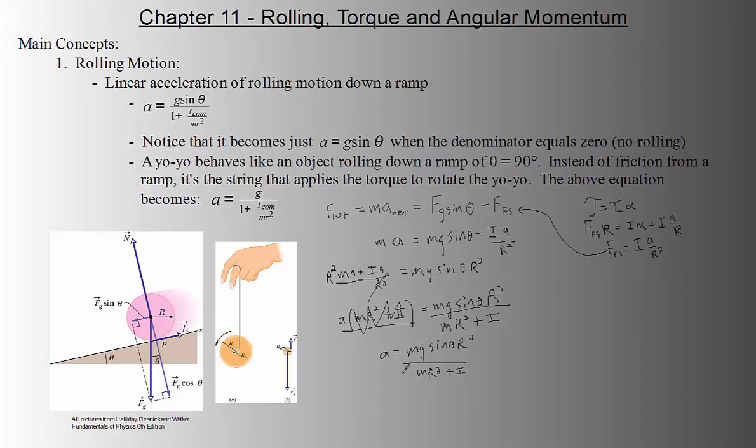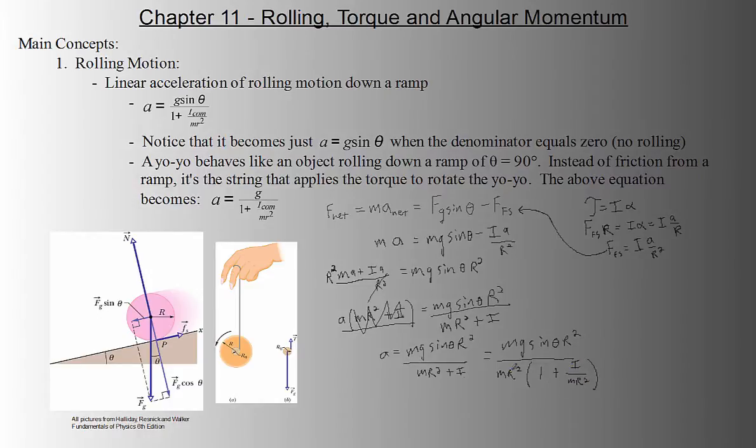So if we pull out mr squared, I'm just going to rewrite it: mg sine theta r squared. If we pull out mr squared, then this first term is mr squared, so that's just going to be a 1. You can check me by redistributing. This times this should equal that.